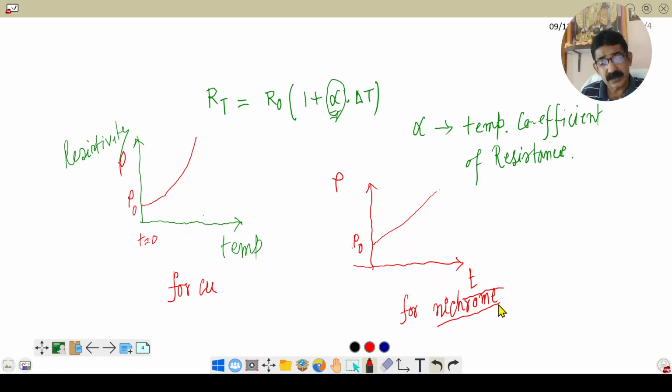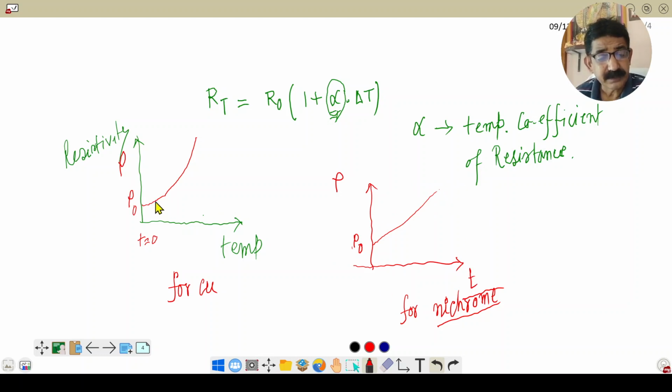Due to this, for experimental purposes in our laboratory, we take nichrome wire, and nichrome wire is suitable for measurement of temperature variation of resistance.